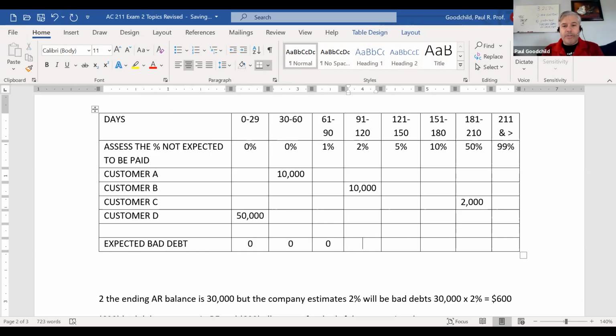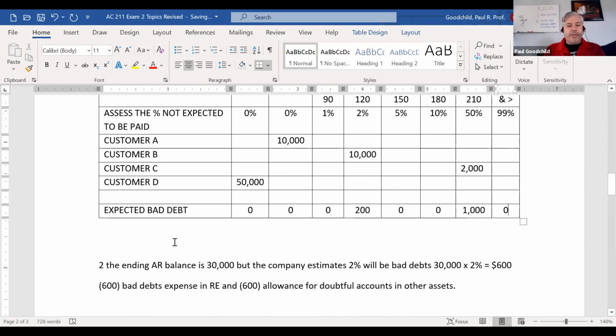Zero here, you'd take 2% of 10,000, so I think that's 200. We have nothing in that quarter category. 0, 0 here, 1,000, and then nothing in that final category.